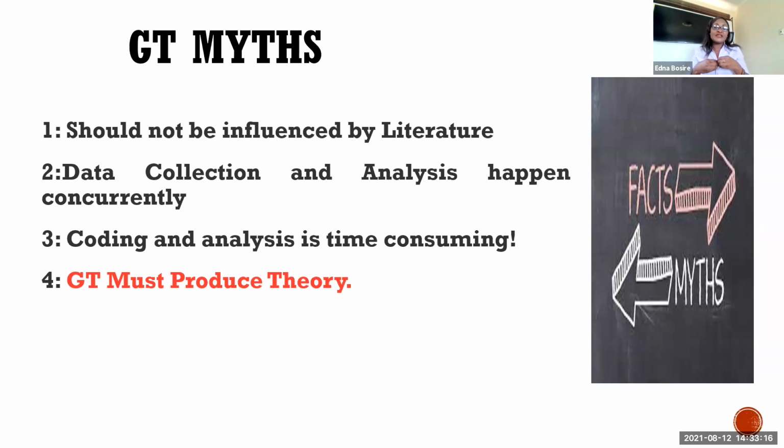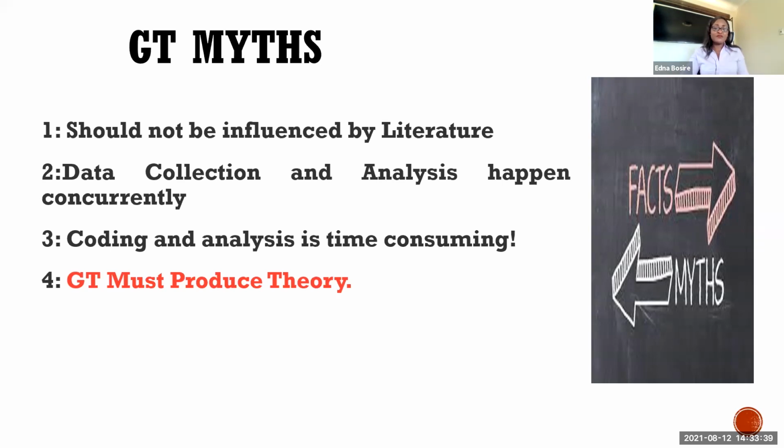But as I explained initially, it can be a method and it can also be a theory as the end product. If you want to use it as a method, you can use the different tenets of grounded theory to engage with your data, systematically analyze your work and present it without necessarily coming up with a theory. So this one, I also dispel as a myth.